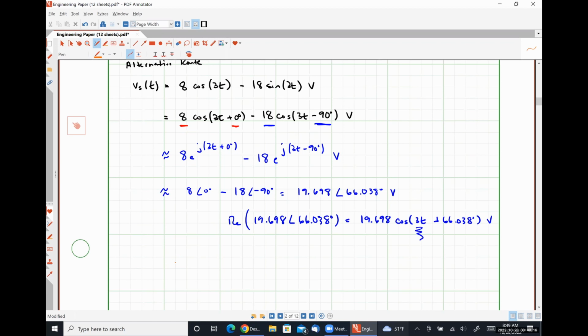The answer that you gave me in rectangular form, I'm still using these approximately signs because we're fudging a couple of very simple things right now that don't actually matter a whole heck of a lot in the long run. But this came out to 18 plus j18 volts, right?